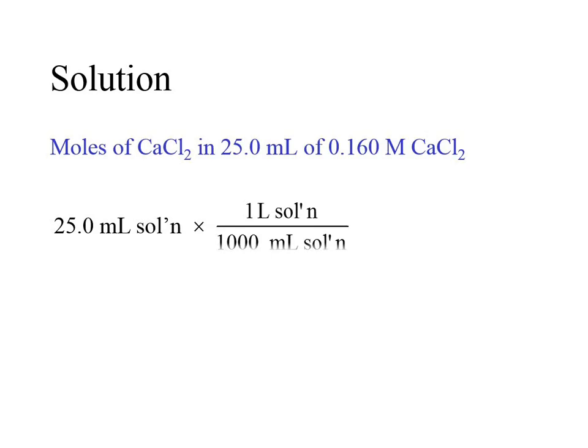So we put 1 liter over 1,000 milliliters as our second term. And then we have liters of solution. Now we're ready for molarity. So then we can put 0.160 moles of CaCl2 over 1 liter of solution. And this is all just to find the moles of calcium chloride in your pipette.